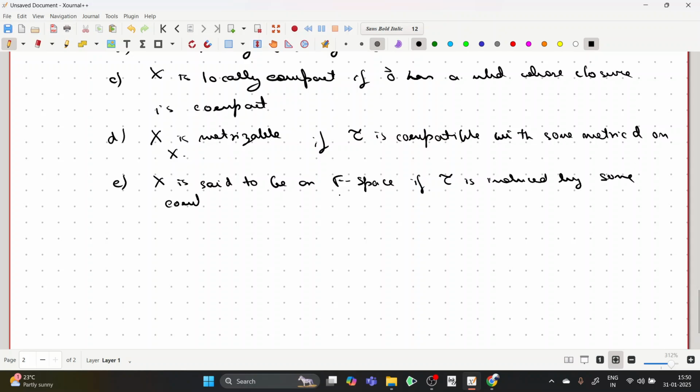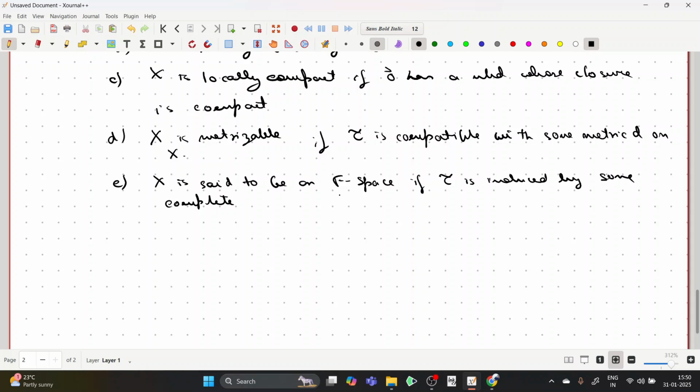So X is said to be an F space if tau is induced by some complete metric. Now we know that not all metric spaces are complete. By completeness I mean that the Cauchy sequences in the metric space are convergent. We know that in any metric space convergent sequences are always Cauchy, but in an arbitrary metric space Cauchy sequences need not be convergent. If they are convergent in that very metric space, then we say that the metric space is Cauchy complete, or simply complete.